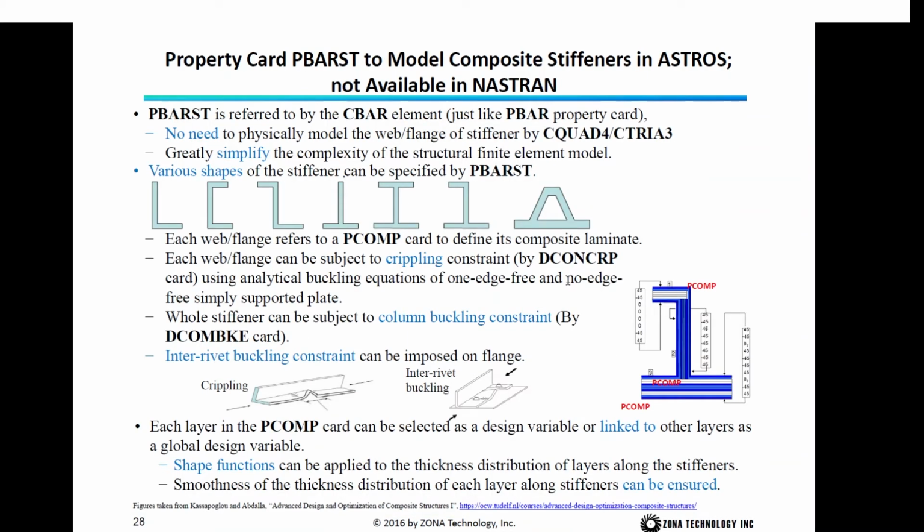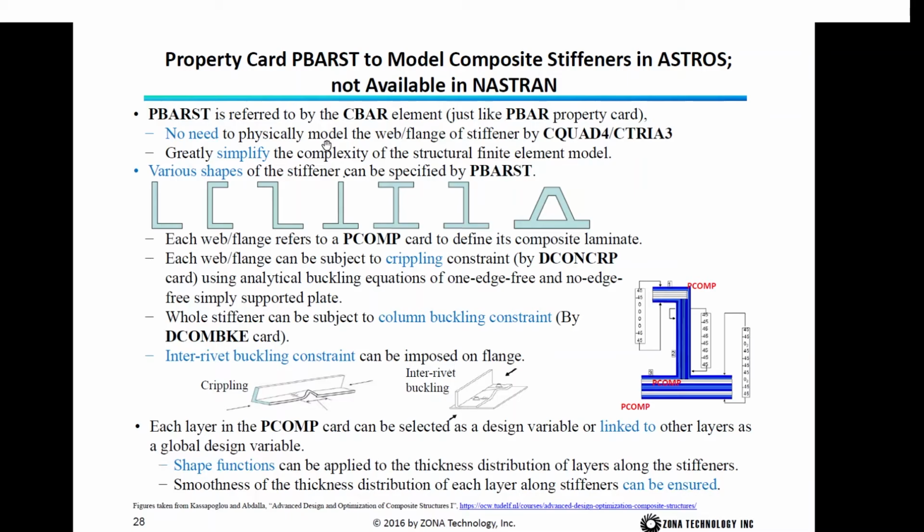The PBARST card is used to model composite stiffeners in ASTROS, and this card is not available in NASTRAN. PBARST is referred to by the CBAR element, just like a PBAR property card.